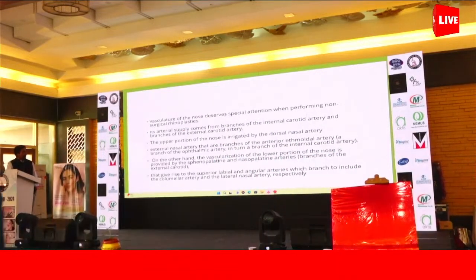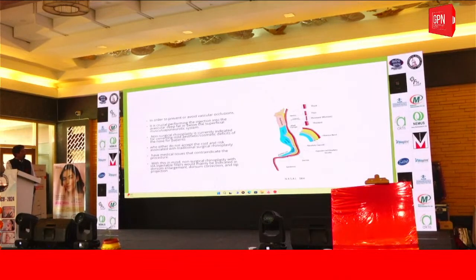Arterial supply comes from the internal carotid and branches of the external carotid. If anything goes wrong, it can lead to blindness or central artery thrombosis in the brain, and the patient may even die. The vascularization of the lower portion of the nose is provided by the sphenopalatine and nasopalatine arteries, which give rise to the superior labial and angular arteries.